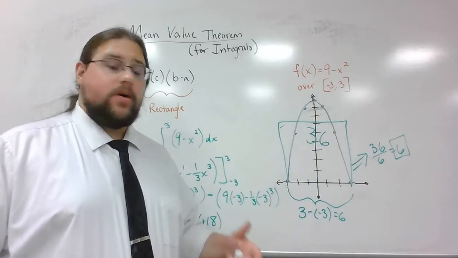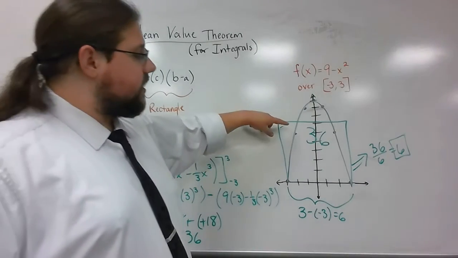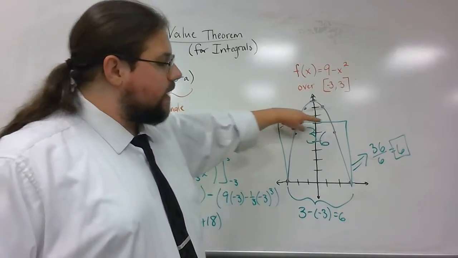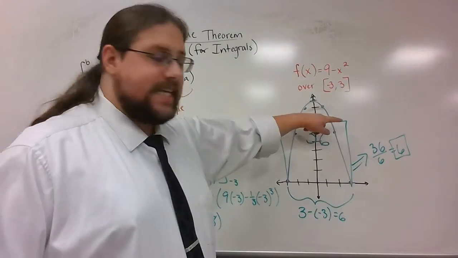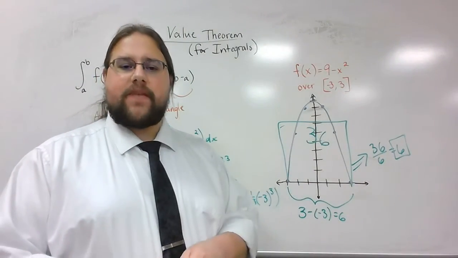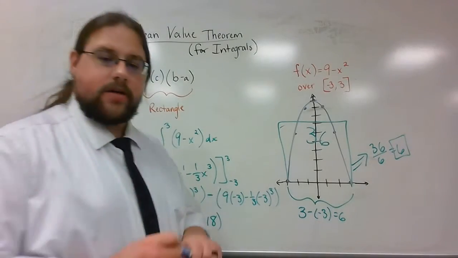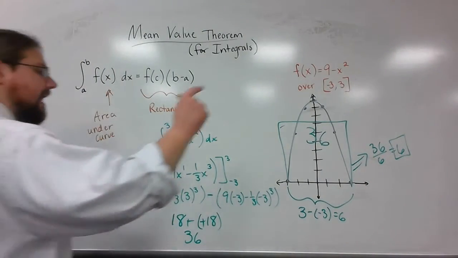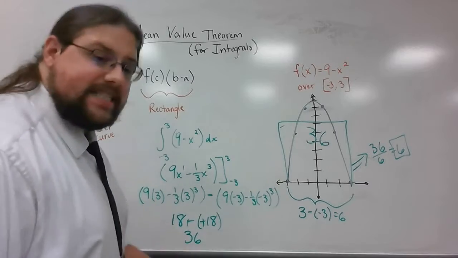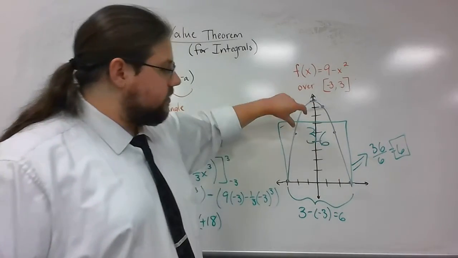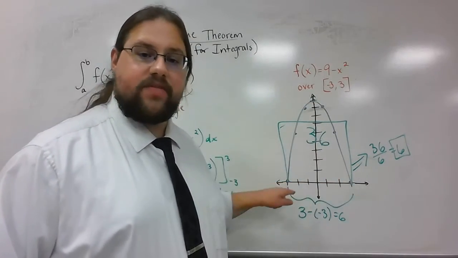So all I've got to do now, and this is my last step, is figure out where the parabola is 6. Now, notice it's probably not going to be a very pretty answer, but I'm going to try to figure it out in just a hot second. I'm going to grab a new marker. So, like I said, the height that it needs to be is 6, because I took the total area and then I divided it by the width of the interval.